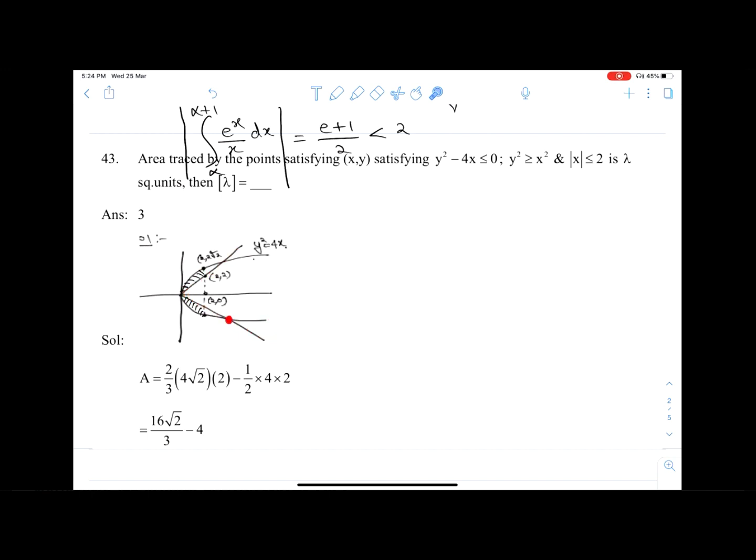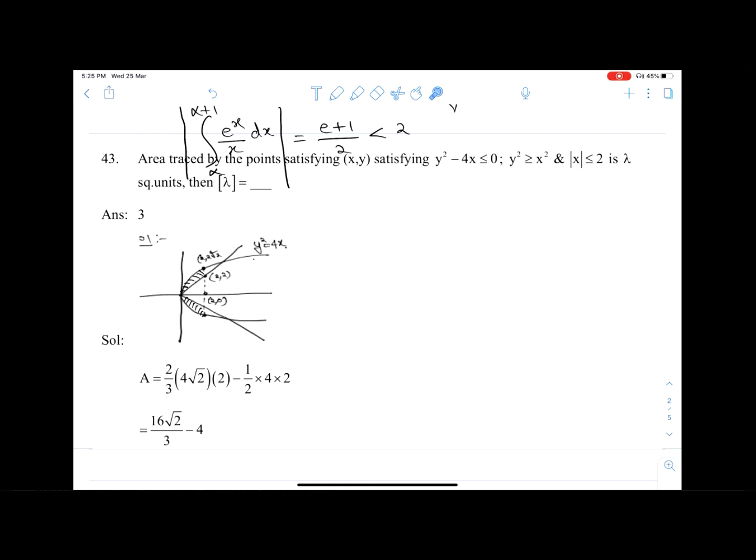The points of intersection will be (4, 4) and (4, -4). And this is x equals 2. So saying it must be lesser than 2, it must be lying towards this boundary. That is, this region must be included and it must be lying inside the parabola. So this is the part which we have to find, the area, the shaded region.